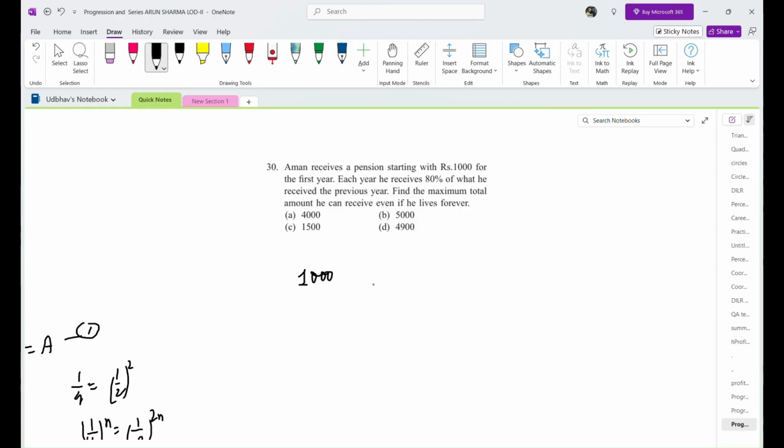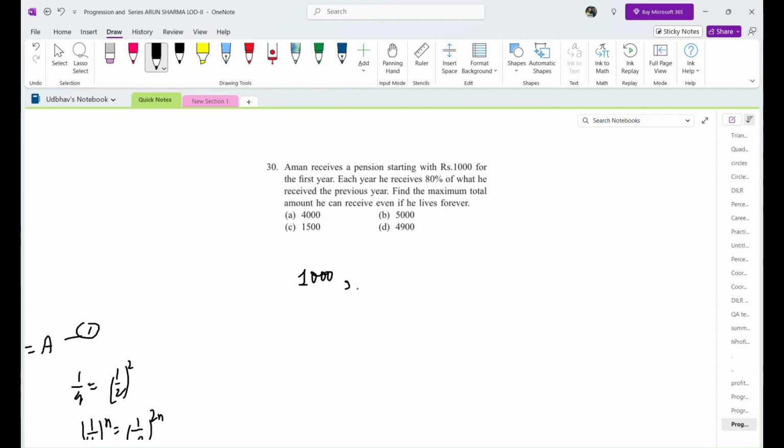1000 is the pension for the first year, and each year he receives 80% of what he received the previous year. That is, his pension is getting reduced by 20%. So first year the pension was 1000.